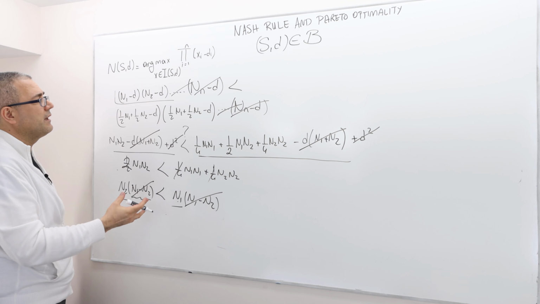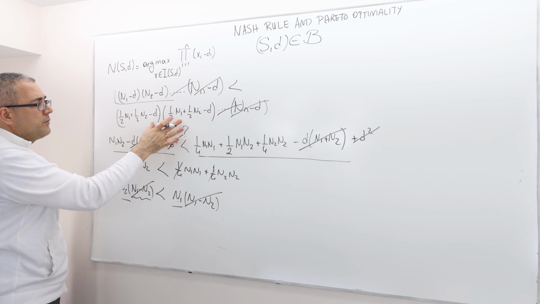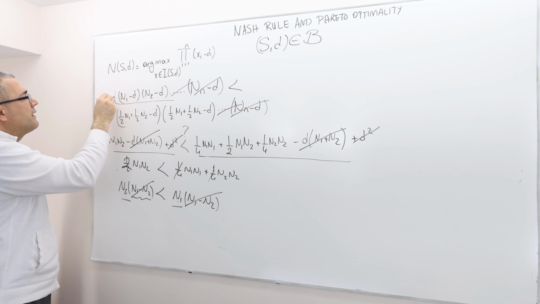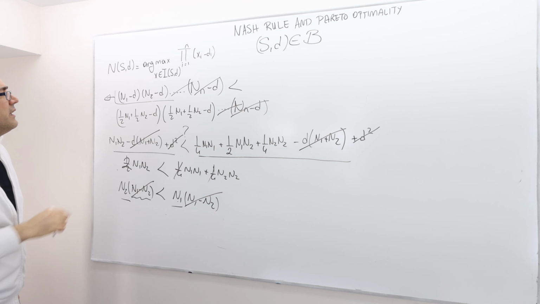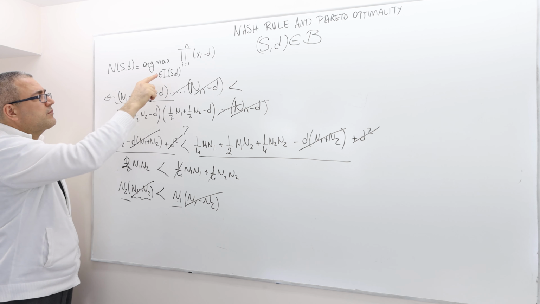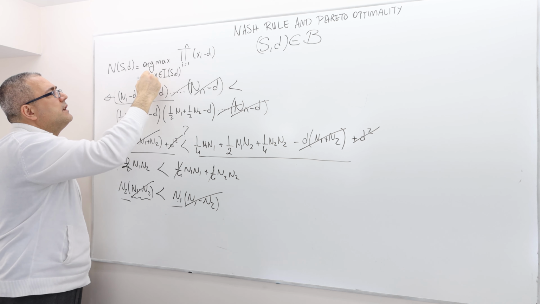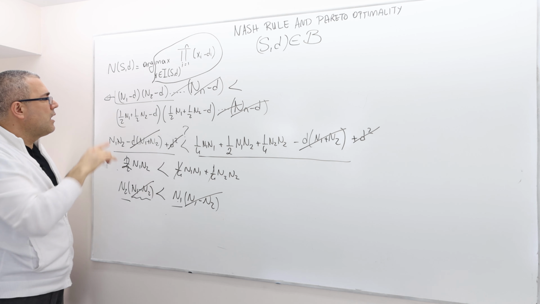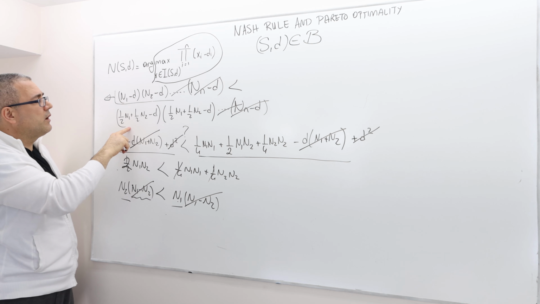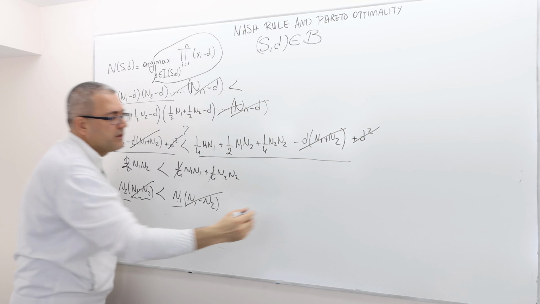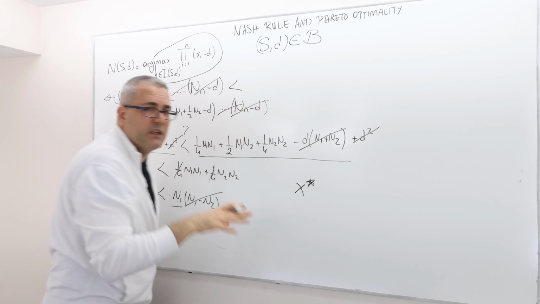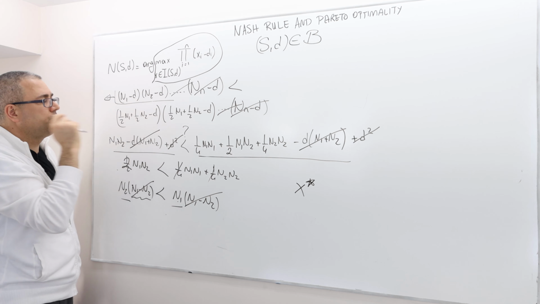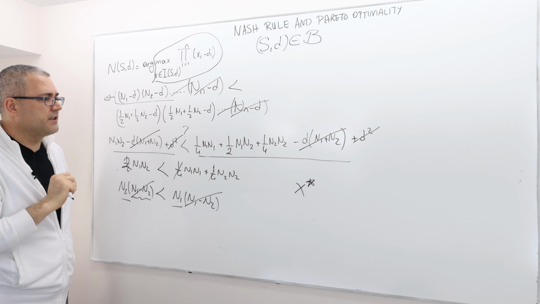So what does that mean? That means literally this number is greater than this number. Well, what was this number? Well, this number is basically the Nash solution, the value of this maximization problem, all right? Well, what about this one? Well, this one, I instead used the vector x star, which was the convex combination of two vectors, I'm sorry.